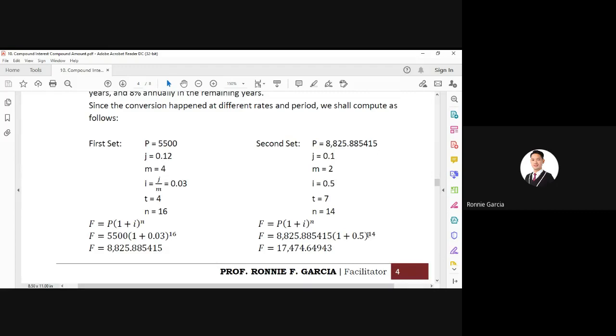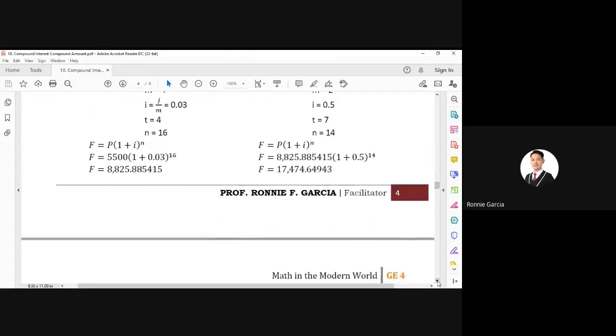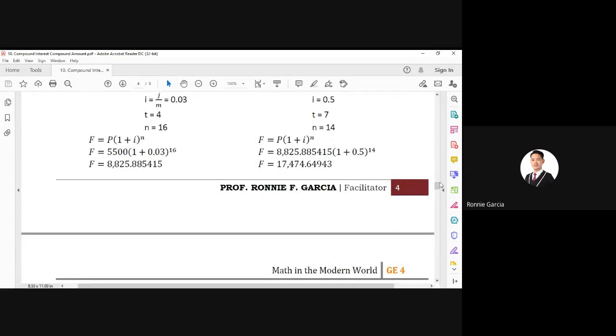Nakuha ba nato ang 17,474.64943 as our second set nga compound amount? For second set pa lang na siya ha. Okay, so nakuha daw. So Ms. Tesoro ang nag-respond. So that will be our new principal for the third set.